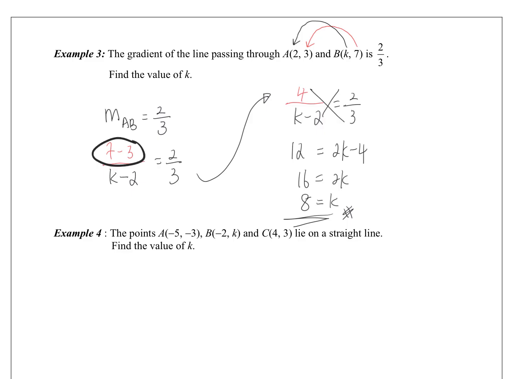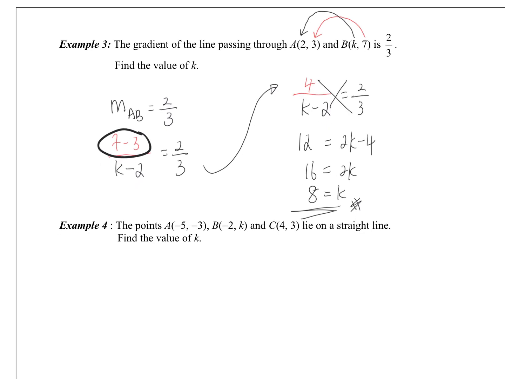Okay, next is they tell me that these 3 points lie on a straight line. Although they don't spell it out for you, you must infer. If these 3 points lie on the same line and we are learning gradient, what does it tell you about the relationship of the 3 points? Same gradient.